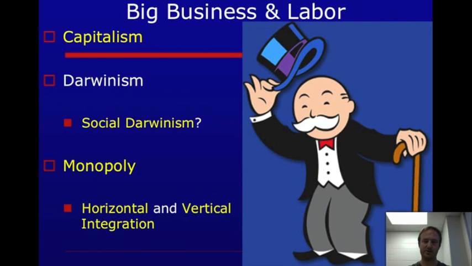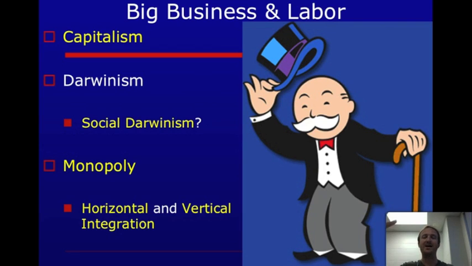Vertical integration is a similar idea, but it is a little bit different. In this case, if I have a steel company, I'm not going to buy out another steel company. Instead, I might buy out a company that helps me run my business. For example, I might choose to buy a railroad company because I need railroads to transport my goods.